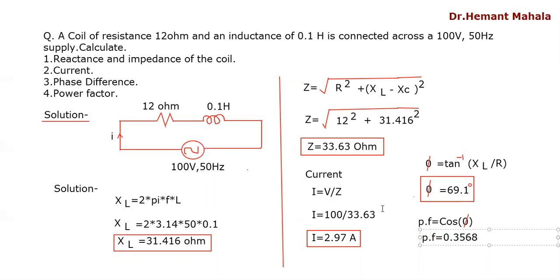Okay, so it is power factor. We can also draw the phasor diagram in this case, the phasor diagram of this figure. Okay, so you can note down this. Further we will draw the phasor diagram.